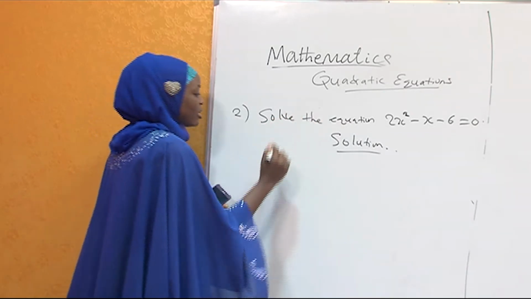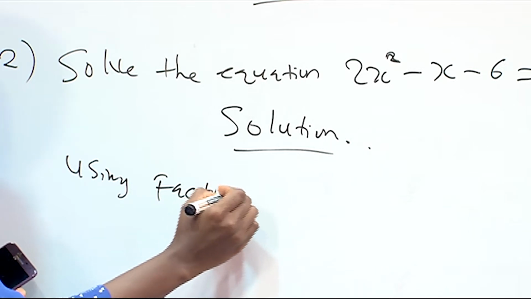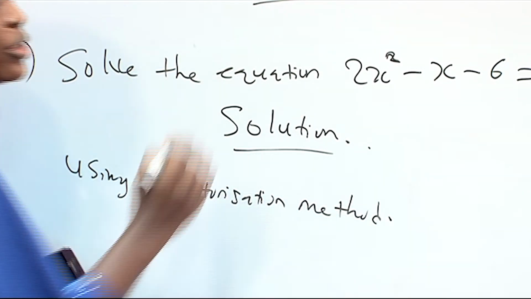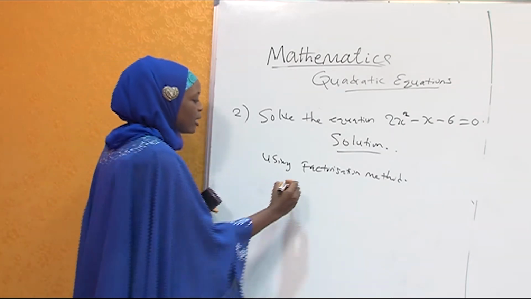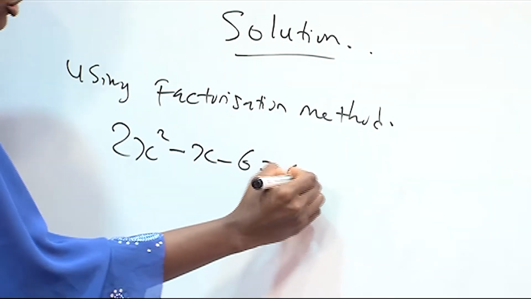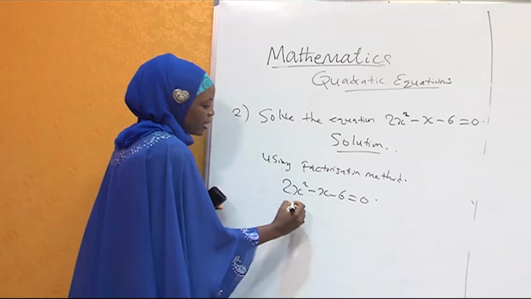So using the factorization method, you see, the factorization method is all about factors. If you have 2x squared minus x minus 6 all equals 0, you will use the coefficient of x squared to multiply the constant like this.